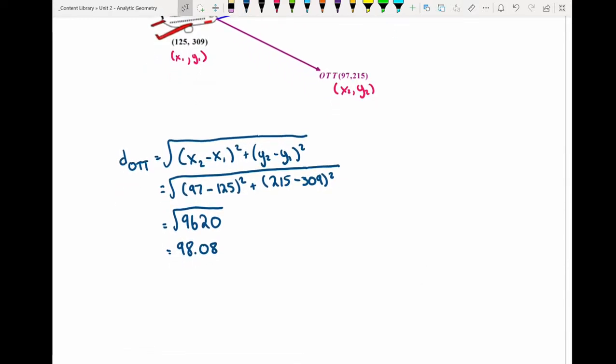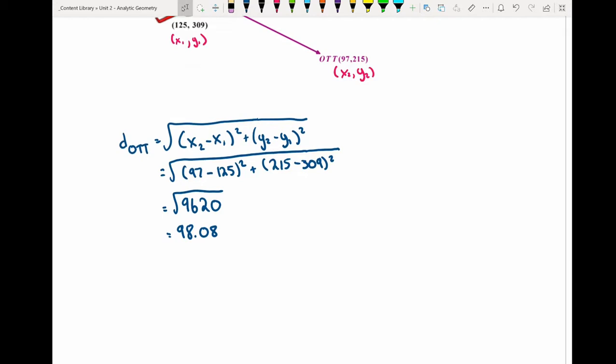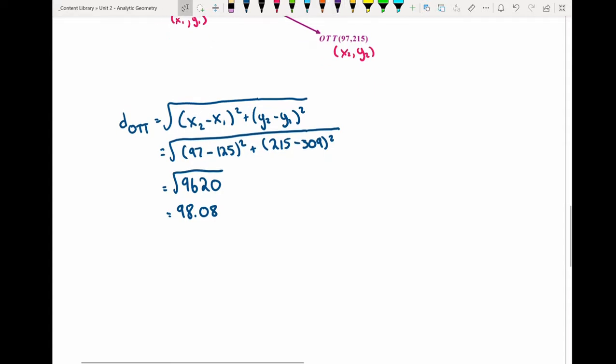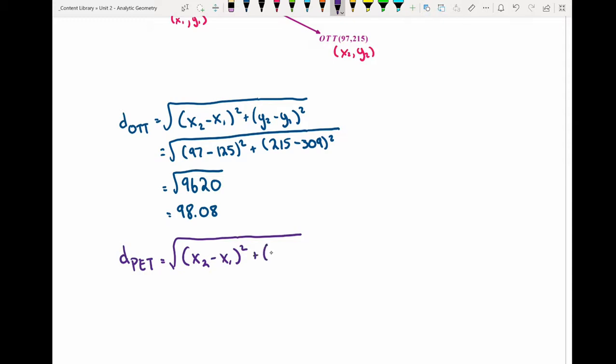So that is going from our plane to Ottawa. We need to figure out the second one, so we need to calculate the distance to Pierre Elliott Trudeau Airport. Again, we're going to be using the same formula, because it's still between two points and we want to find that distance. So the square root of (x2 minus x1) squared plus (y2 minus y1) squared.